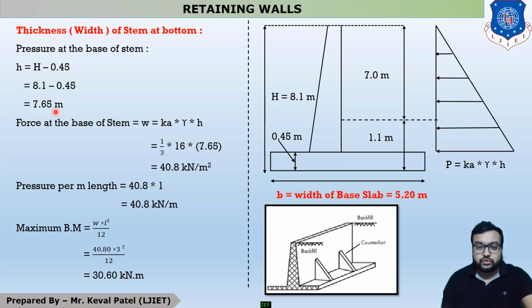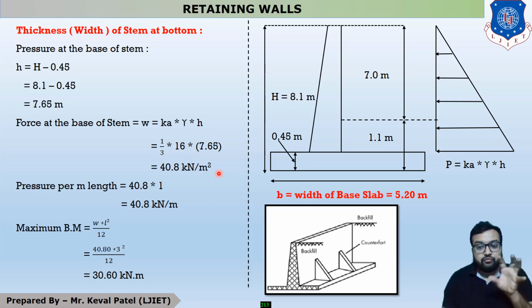Okay. So students, what is the value of force? The force means UDL. It is load. So we have to find out pressure first of all. So the equation of pressure is K into gamma into H. After putting all these values, we get our answer 40.8 kilonewton per meter square.